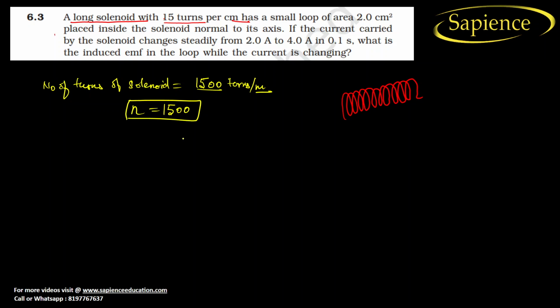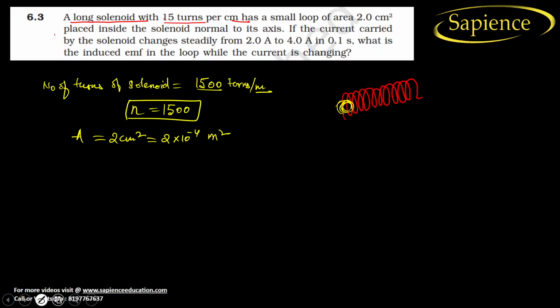Now area. So the area of this one is how much? The circular loop cross-section area is equal to 2 centimeter square. So we can write here 2 into 10 to the power minus 4 meter square, right? Now I changes.